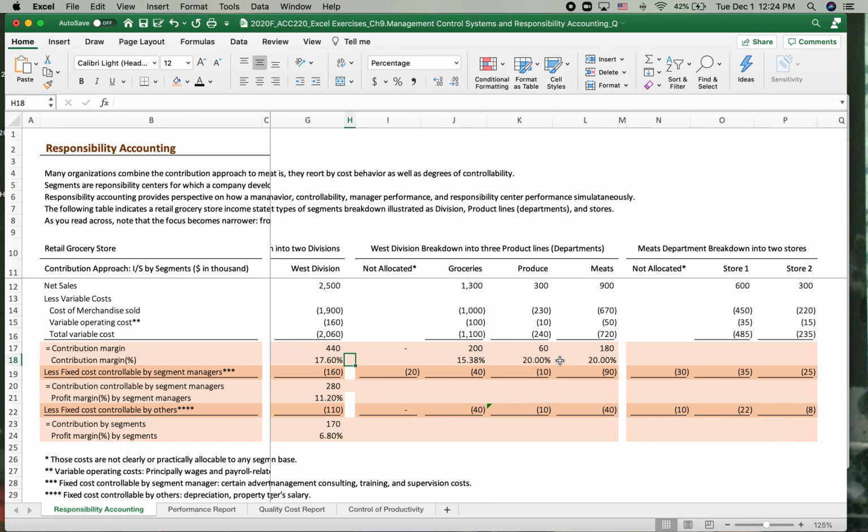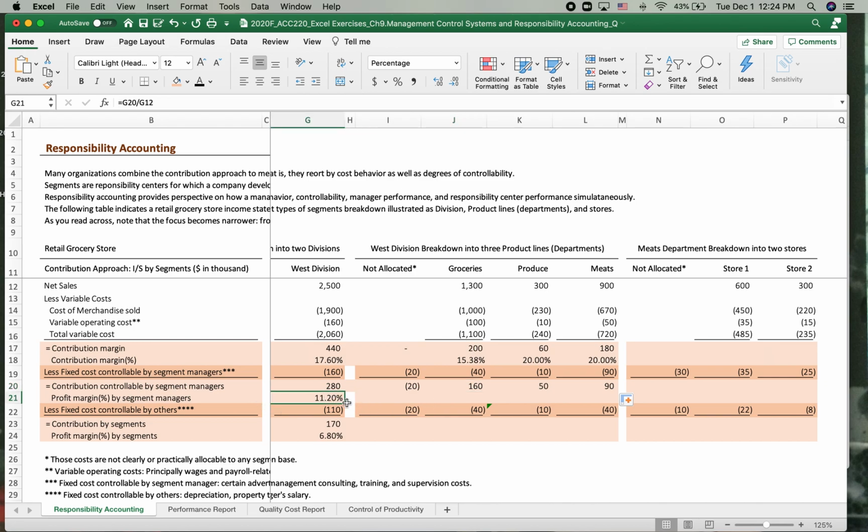But when we try to identify which segment manager has responsibility, let's calculate it. In the grocery department, the fixed cost controlled by the segment manager is very low. So as you can see, the contribution controlled by segment managers in the grocery store is highest.